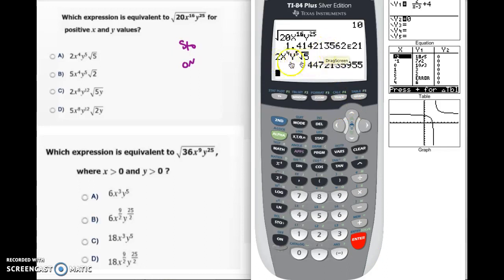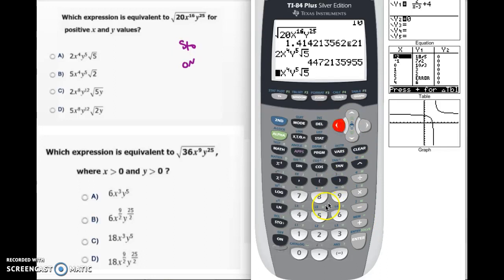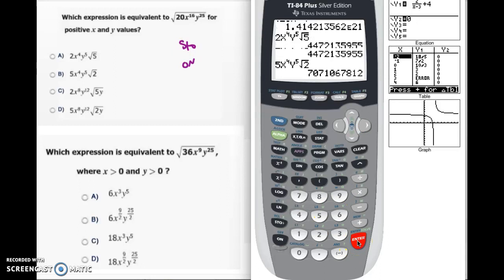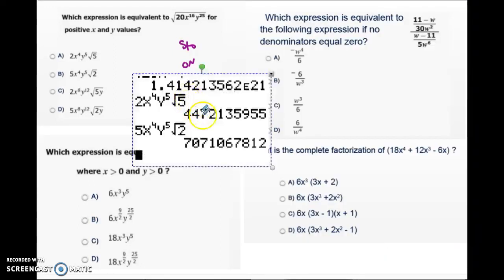Now, since we've already typed in some of this stuff, you can arrow up, and if you hit enter, it brings it down. Now I get to just change around these terms. So I'm going to arrow over, and I'm going to change the 2 to a 5. The variables stay the same, and I'm going to change the radical to a square root of 2. Hit enter, and B is out, because remember, we're looking for this 1.41 times 10 to the 21st.